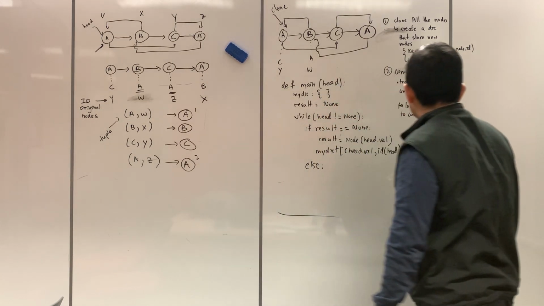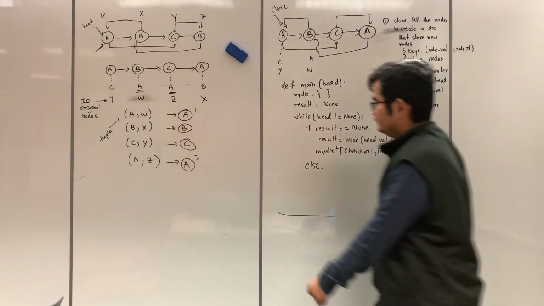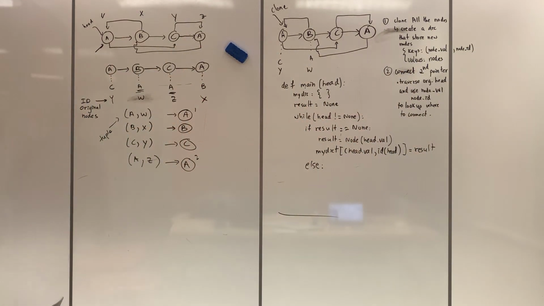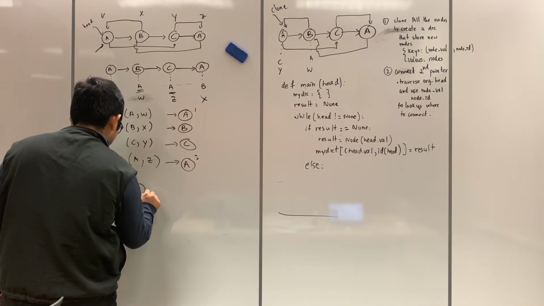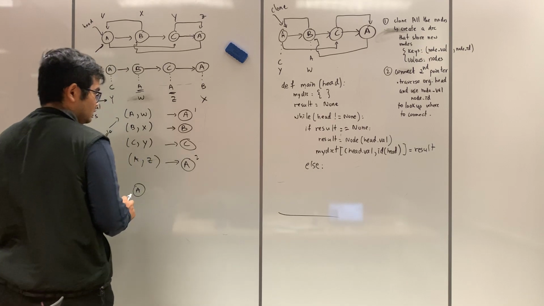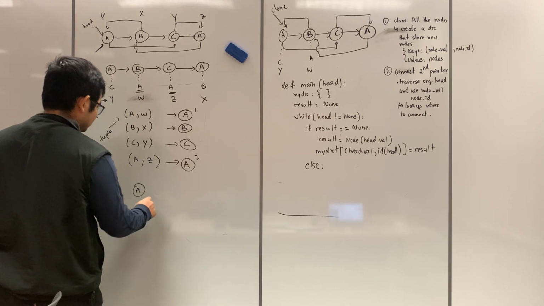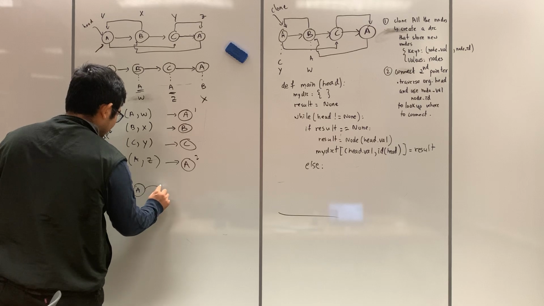Else. So in the case that we already created A, let me check how far I can go. So result is not none. So we want to do result.next.